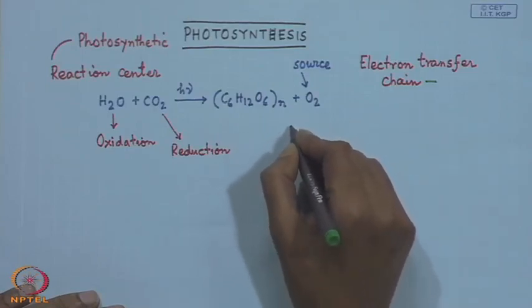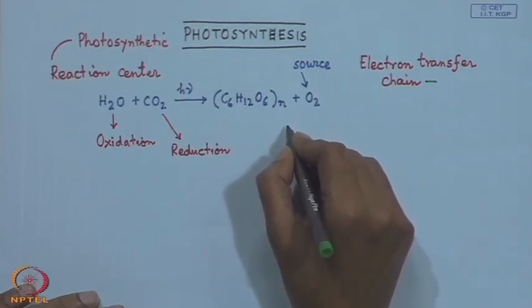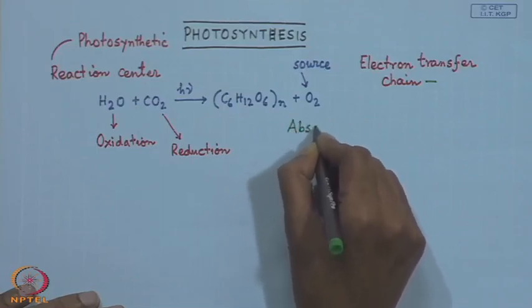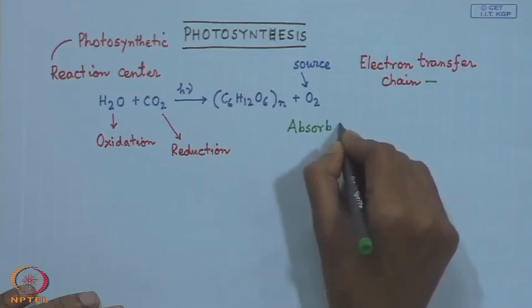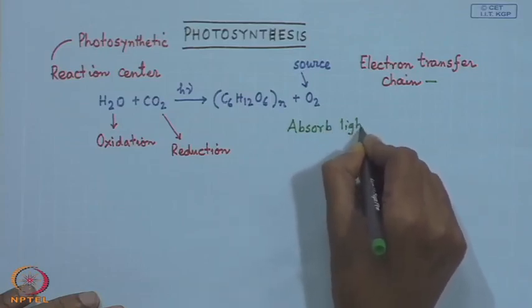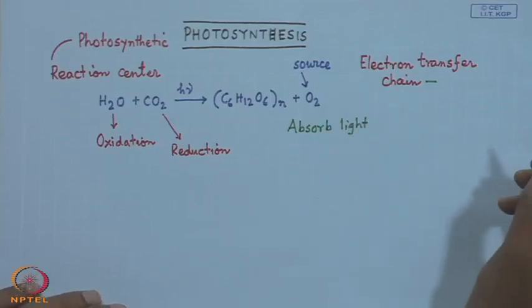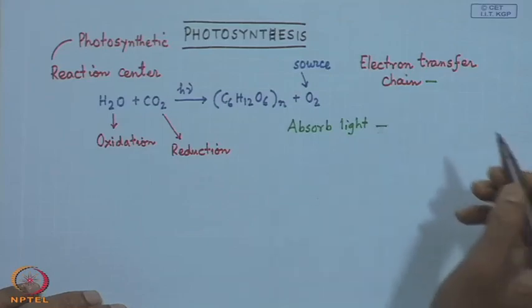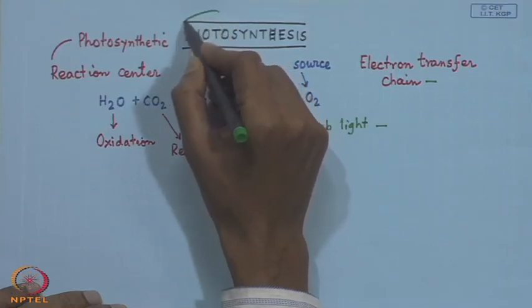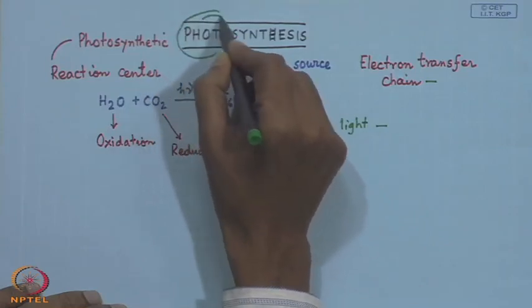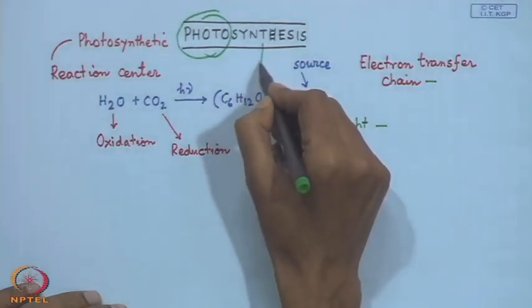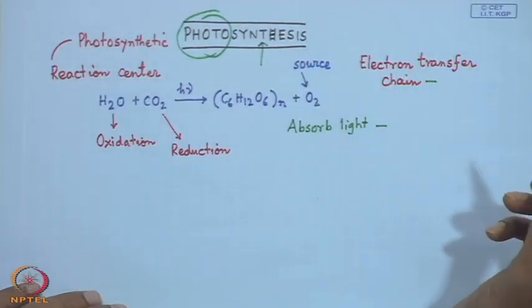In that case, we also know that it absorbs light. So, the presence of light is essential. Without light, we cannot go for this sort of reaction. That is why we require the photons.